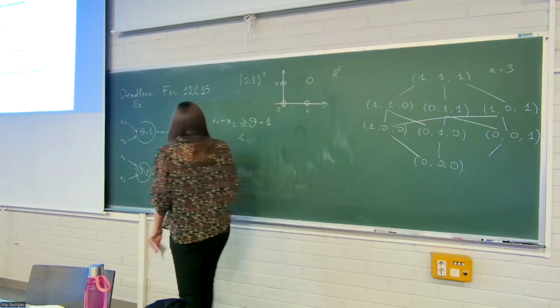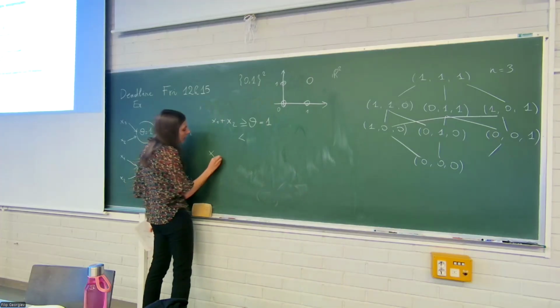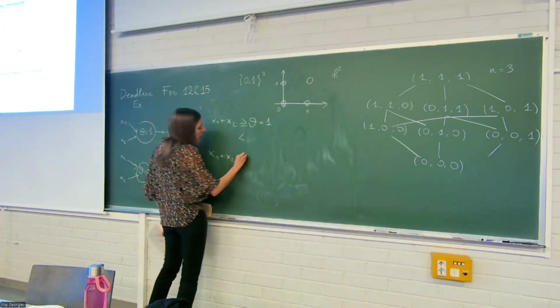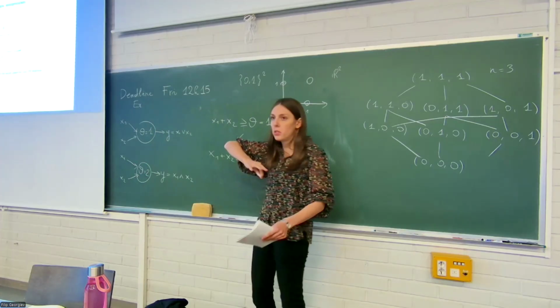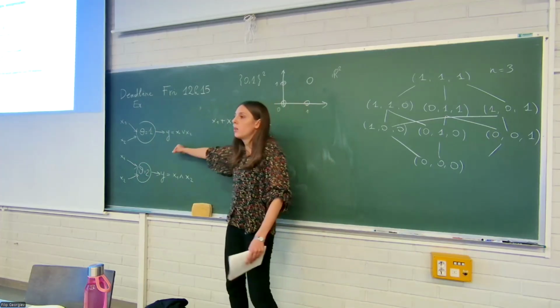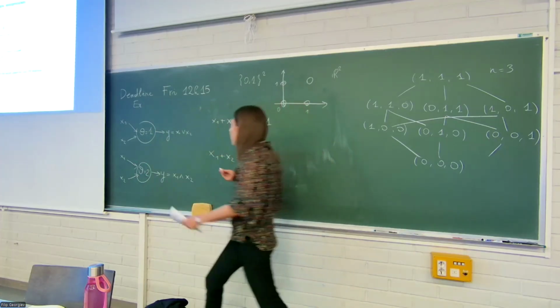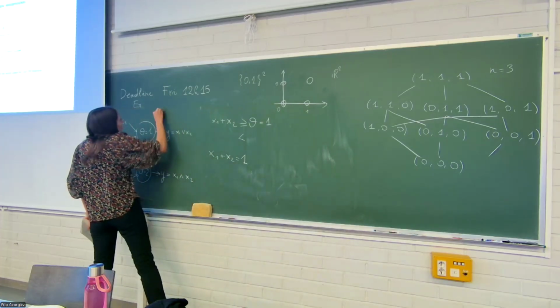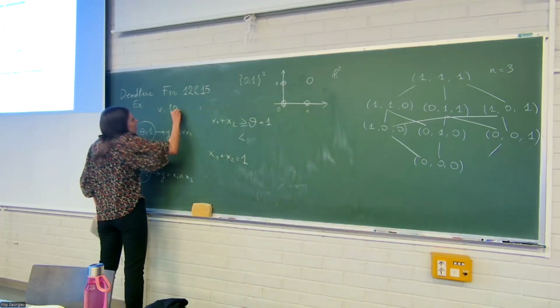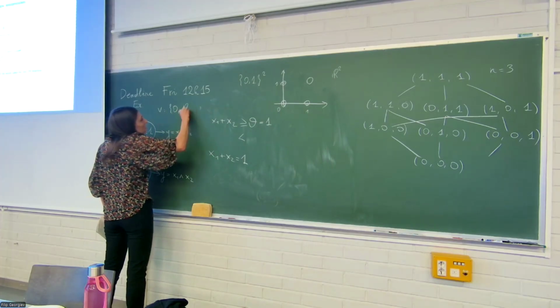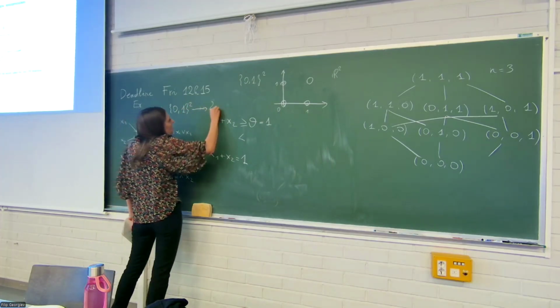So if I consider the straight line x1 plus x2 equal to 1, it is the limit from which this function changes sign, because the domain of the function OR is {0,1} to the power of 2, and it goes to {0,1}.